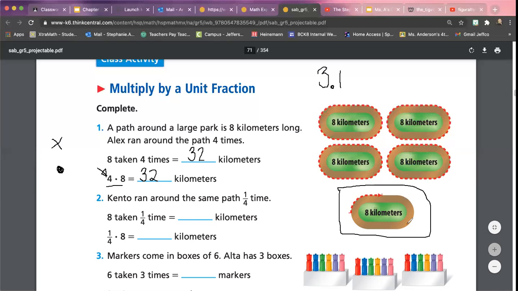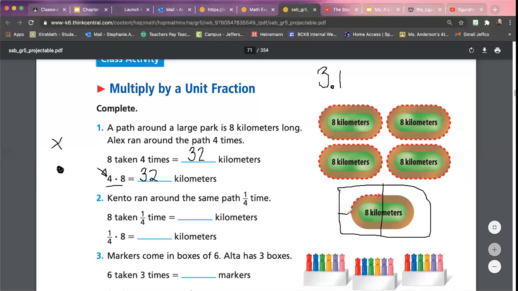I think he ran 16 kilometers. Okay, you think he ran 16? Does anyone else have another idea? Any other thoughts? We know that the whole path is 8, right? He only ran 1/4 of it, and I can almost split this up like a clock if I want.